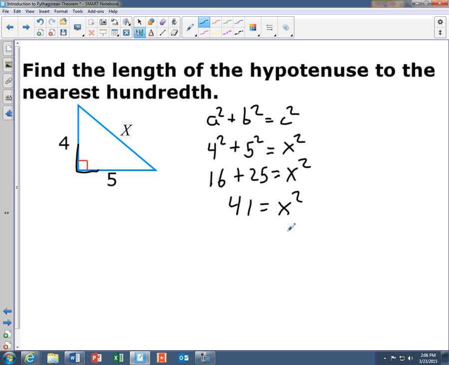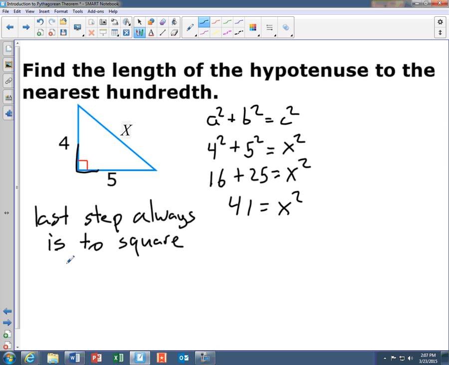Now, some kids like to stop right here, but I want to point out that this says x squared. It's not x by itself. Now, this is something we haven't done this year, but to get x by itself here, the last step always, and that's probably a note you want to take, the last step always is to square root both sides.